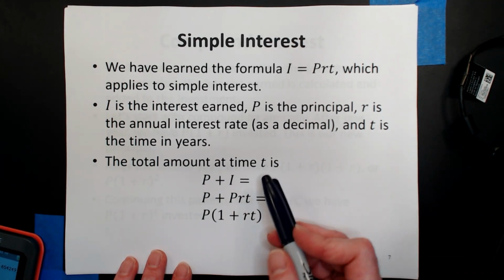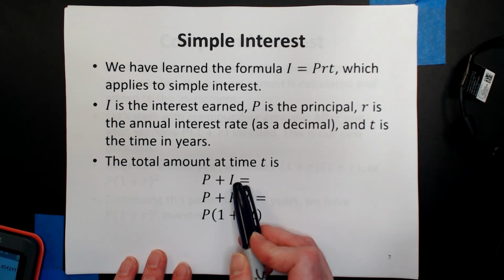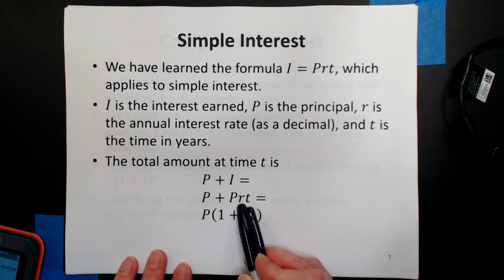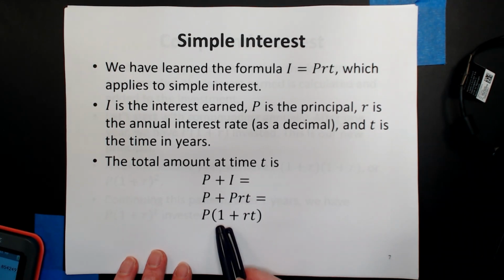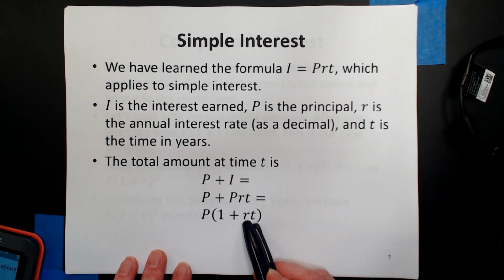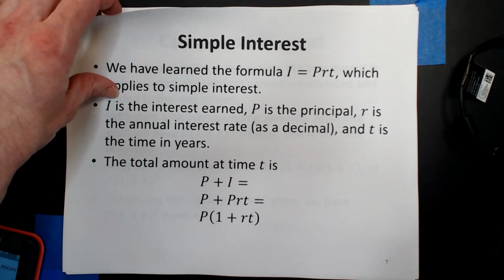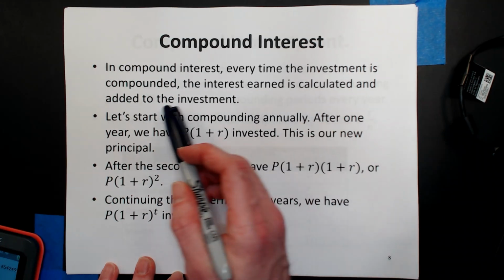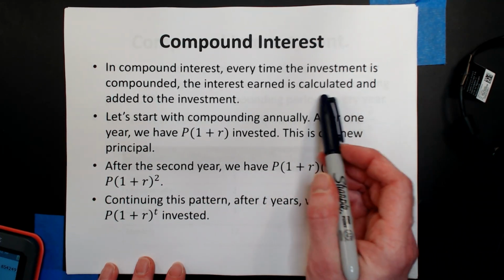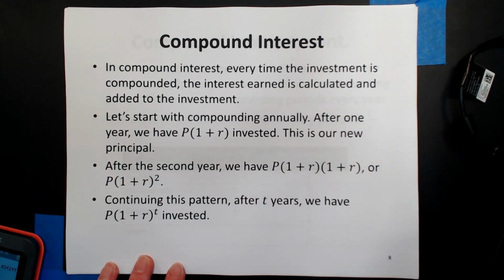So the total is principal plus interest. Well, interest was PRT, so that's principal times rate times time. We factor the P out and we get P times 1 plus RT. Now, why would we factor it out? Because if we apply it in multiple units of time, every time the investment is compounded and added to the interest earned. So you earn interest on your interest when they compound it.